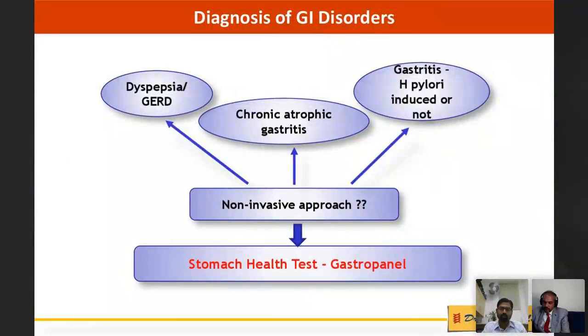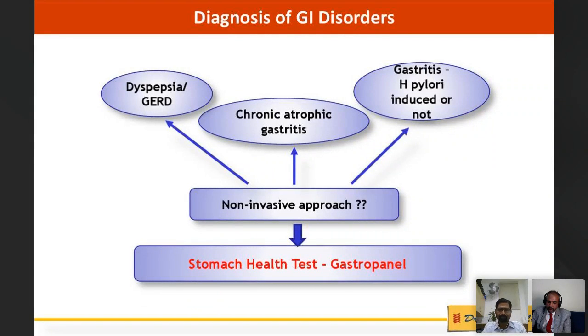Whenever clinicians come across functional dyspepsia or GERD patients, they suspect whether there is any possibility of atrophic gastritis, maybe antral atrophy, pan atrophy, or chronic atrophy, which is a very dangerous and precancerous condition, or there may be gastritis, which may or may not be associated with H. pylori, H. pylori gastritis being the most common in India and other developing countries.